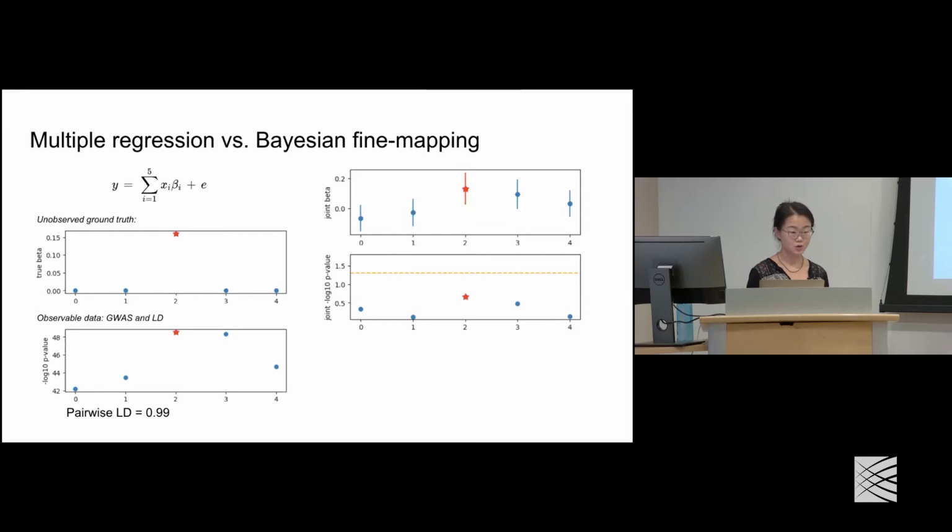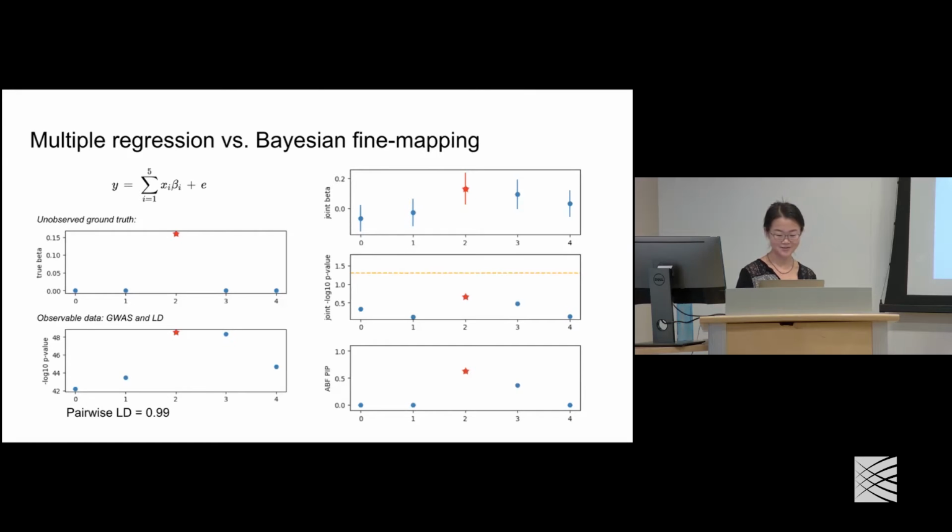But in fact, I want to show you what Bayesian fine mapping can do. I'm getting ahead of myself a little bit because I haven't defined either ABF or PIP, but just know that this y-axis represents a probability of causality. The higher it is, the more we think the variant is causal.